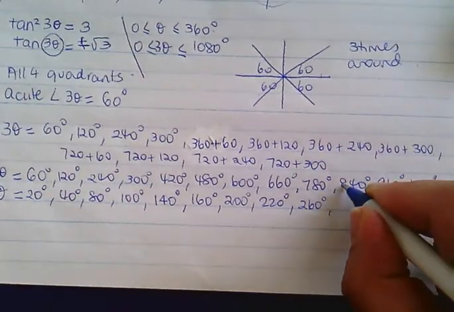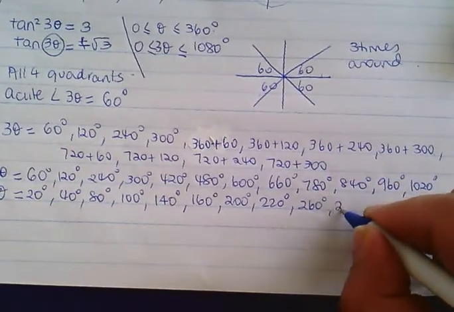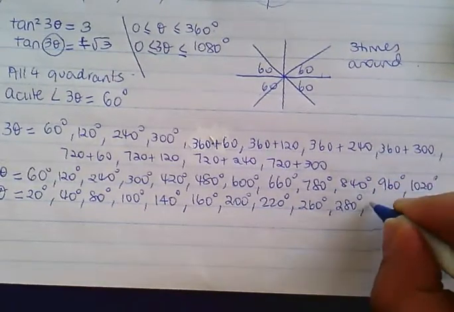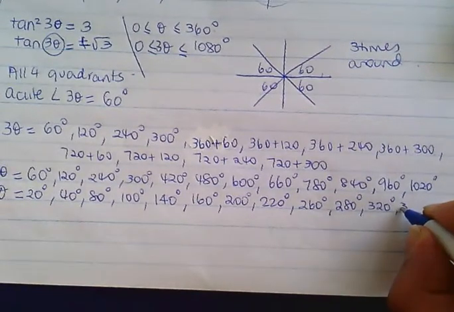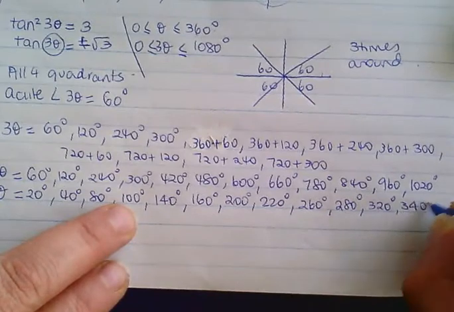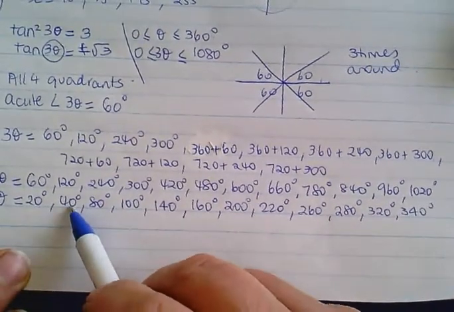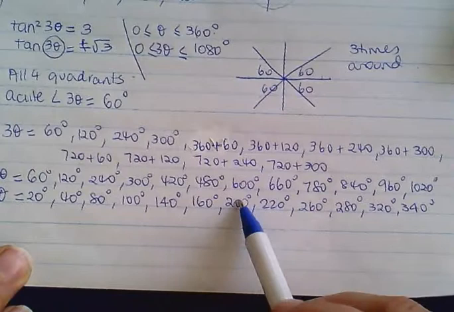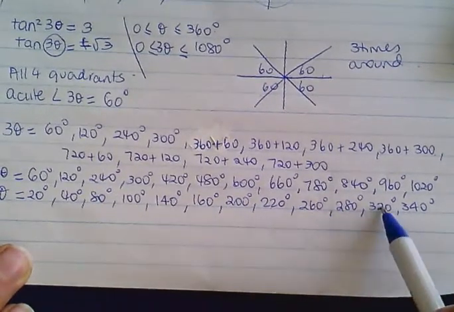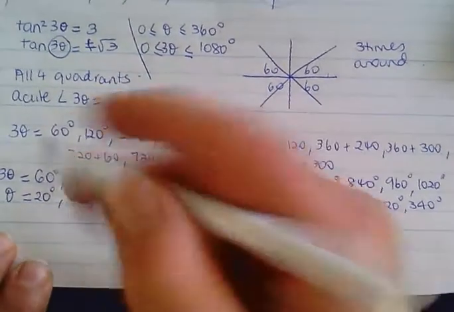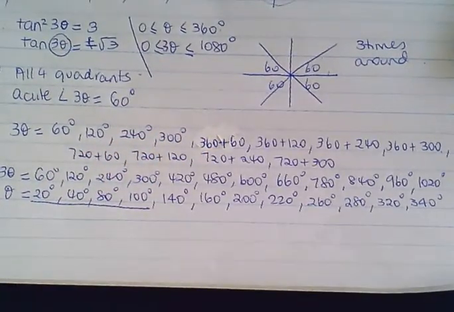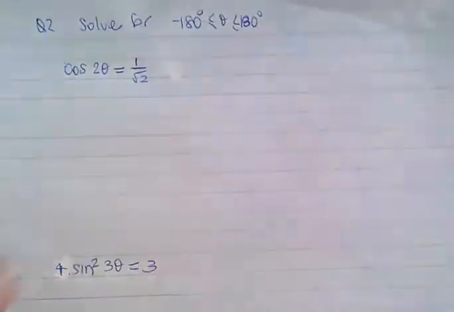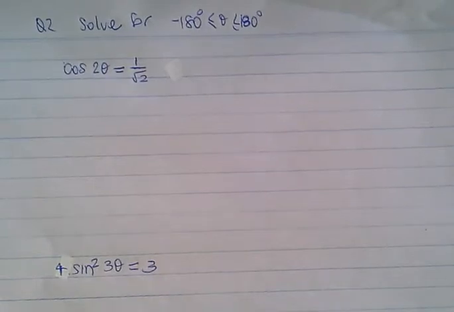Because it goes up by 20, and then by 40, then by 20. 20, 40, 20, goes up by 20, by 40, by 20. See how you can see it from the first pattern? Alright? And there are your 12 solutions.